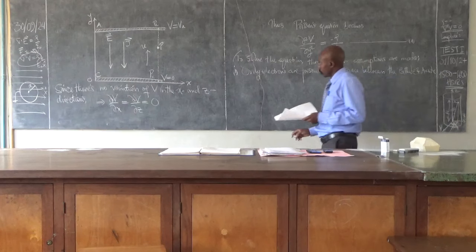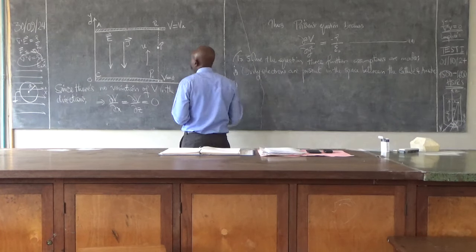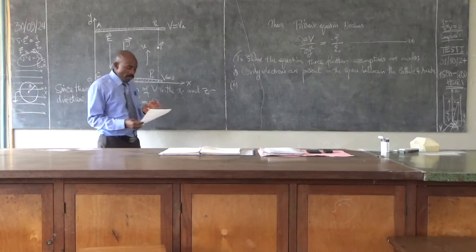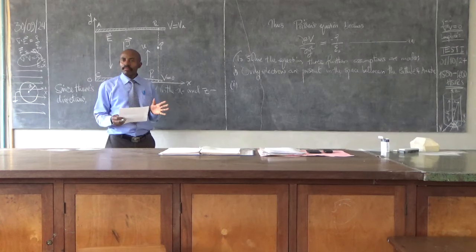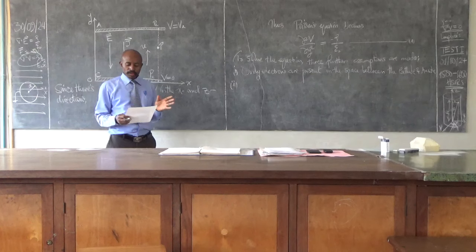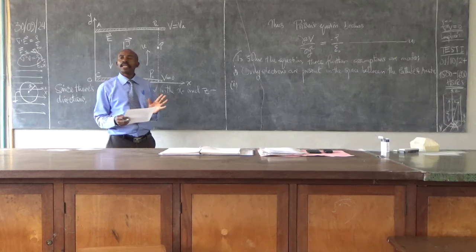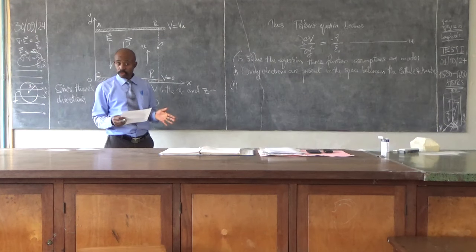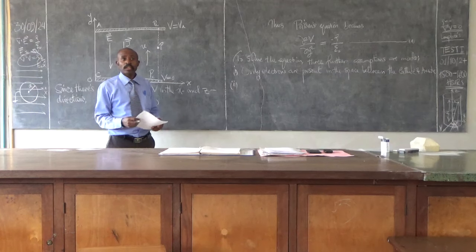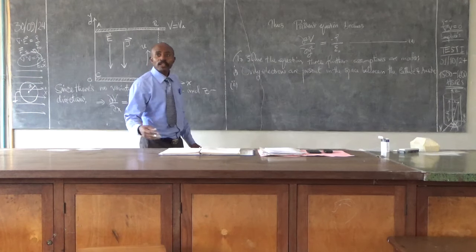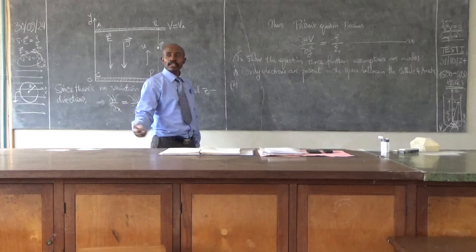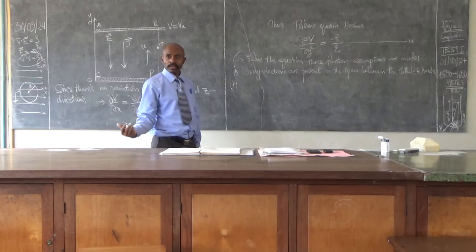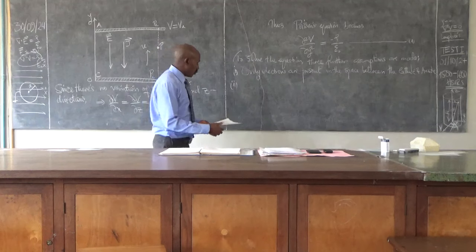Two, the second further assumption is that the number of electrons near the cathode is much greater than those which will be demanded by the anode to form an anode plate current. So the cathode is producing as much as it wishes, and there will be more compared to what is just needed to have the current. The moment you have electrons connecting from the cathode to the anode, the current starts flowing. But actually there are many more at the cathode.